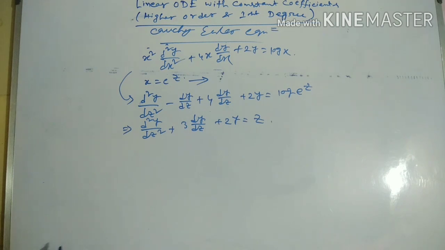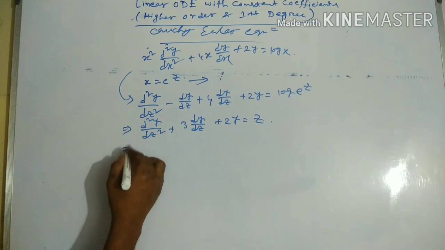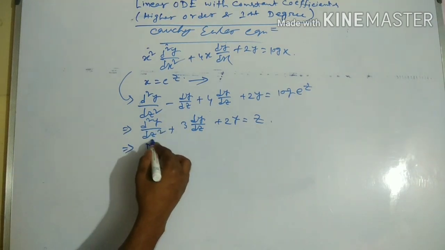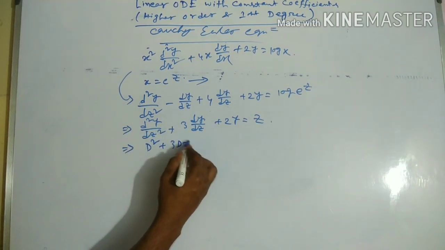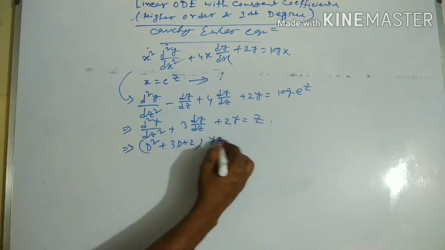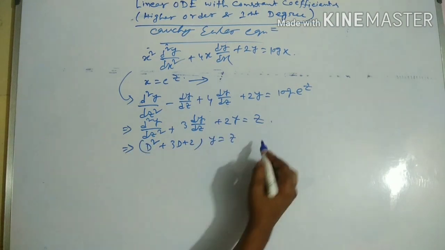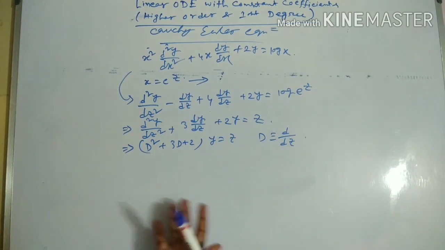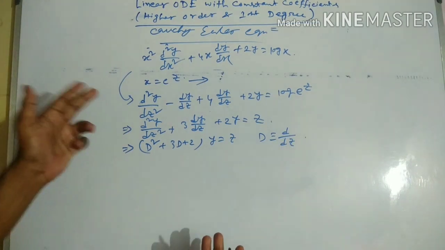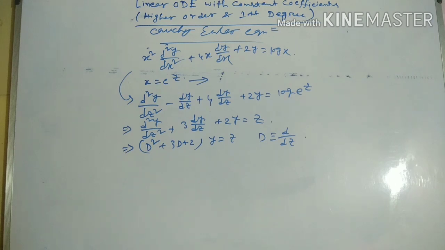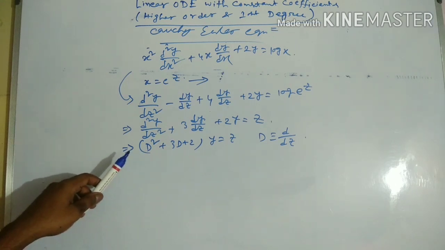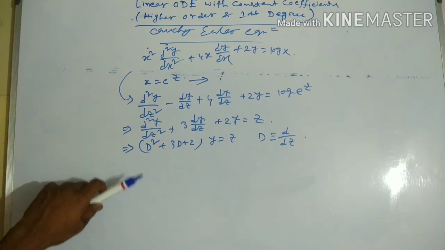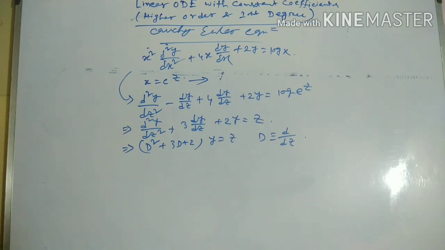You know this. Now I will solve it. Before that, I am writing this using capital D: (D² plus 3D plus 2) operating on y is equal to z, where D is equivalent to d/dz, because here x has been substituted by e to the power z, and in this equation the independent variable is z, and D is the differential operator.